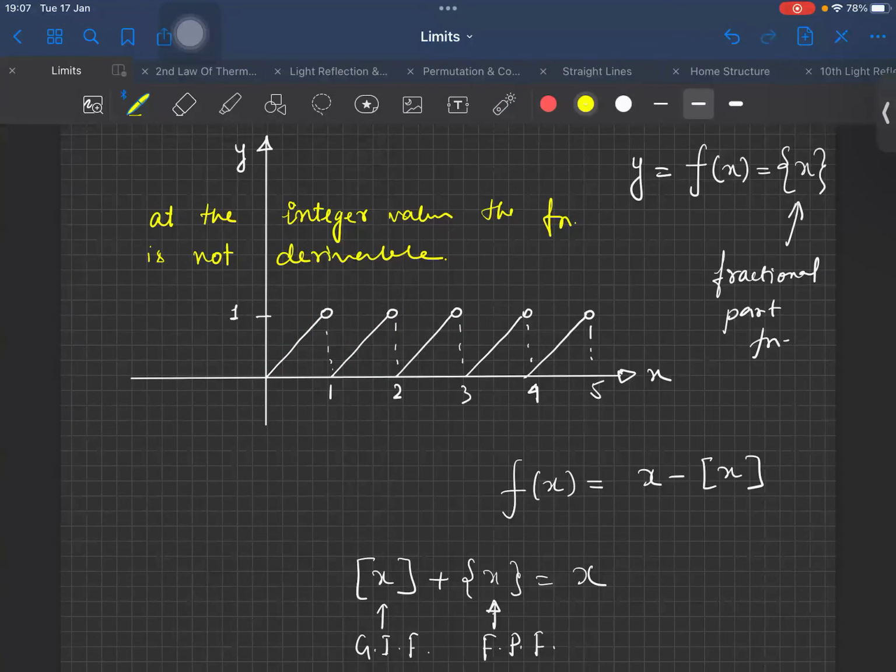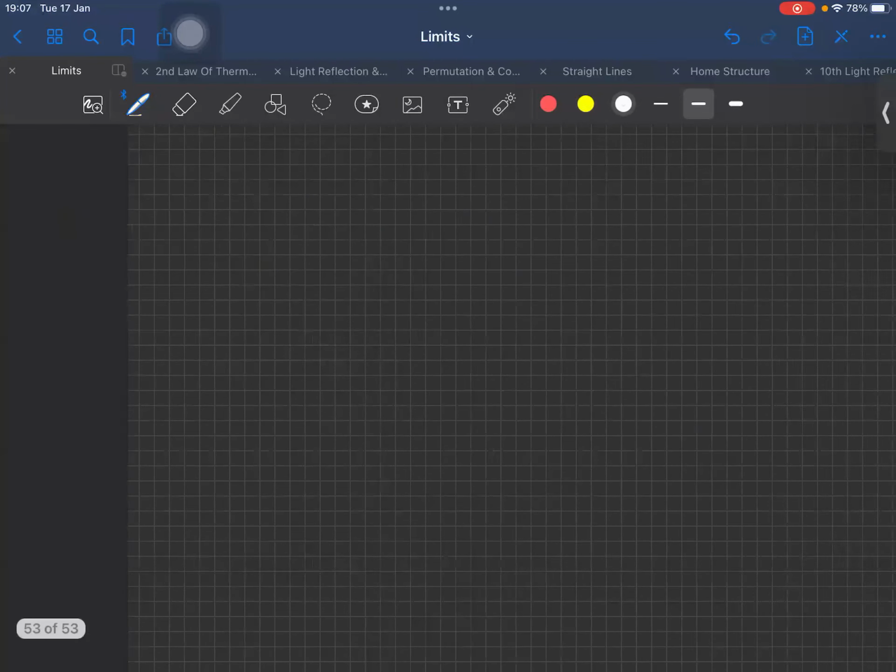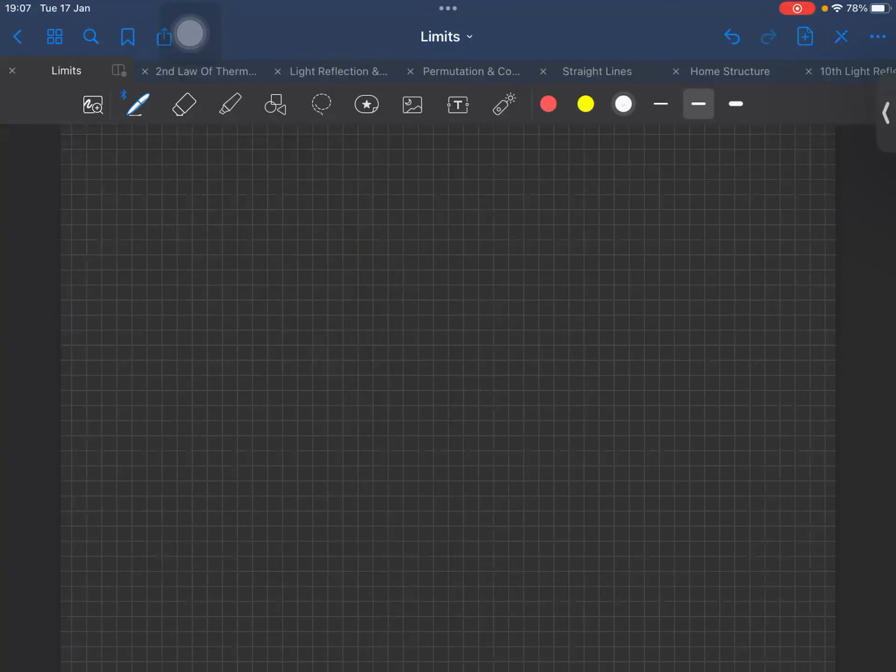So this is the graphical method to check the derivative of a function. If you know how to plot a graph, you can find out whether the function can be derived at that point or not. All right, so let's go to the miscellaneous exercise and solve some of the problems based on this.